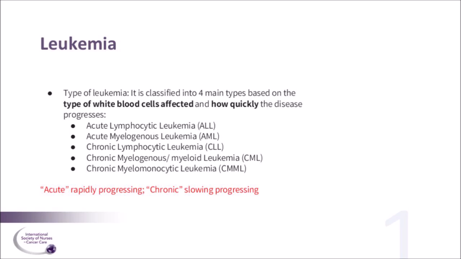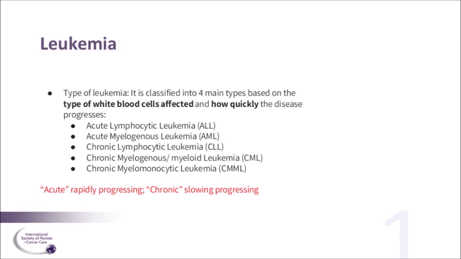These include acute lymphocytic leukemia, ALL, acute myelogenous leukemia, AML, chronic lymphocytic leukemia, CLL, chronic myelogenous, myeloid leukemia, CML, and chronic myelomonocytic leukemia, CMML. Acute types progress rapidly, while chronic types progress more slowly.